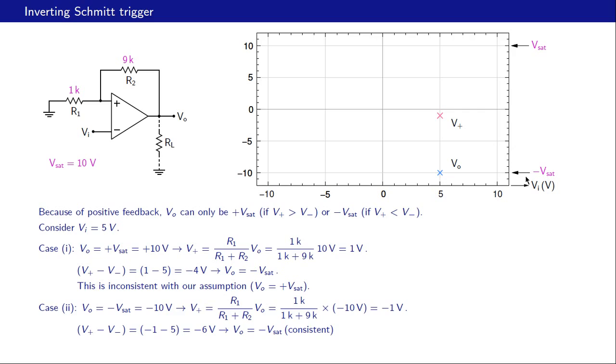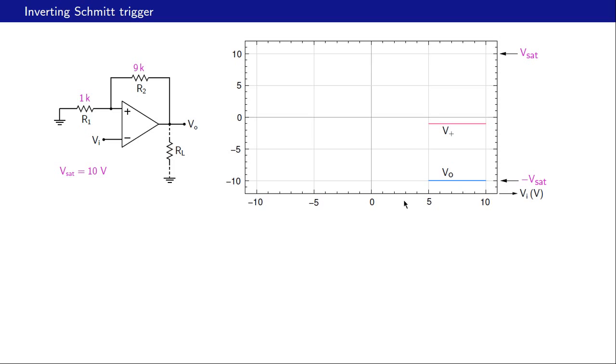That is the same as minus Vsat. And if we move to the right, that is increasing Vi, the same situation applies and Vo remains equal to minus Vsat as shown here. So in this entire range, Vo remains equal to minus Vsat and V plus remains equal to minus 1 volt.